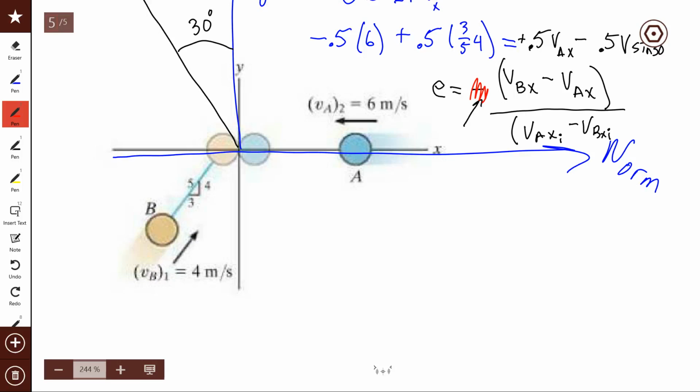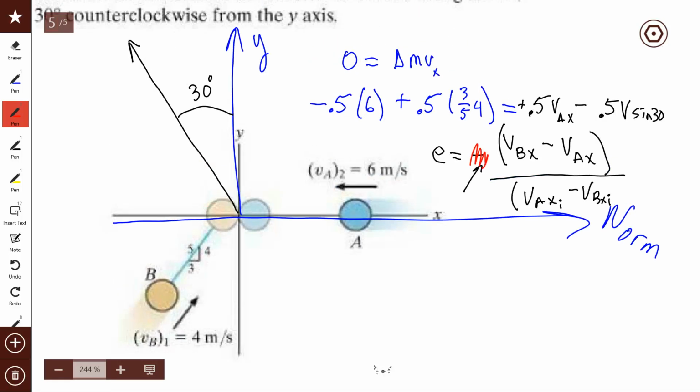So far, so good? Can you plug numbers in here? Okay, how many unknowns now? There are 2 more, are there? Yeah, but I already counted VAX, so I can solve them. What are the 3? Okay, you got me confused.